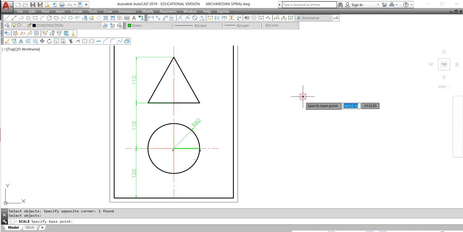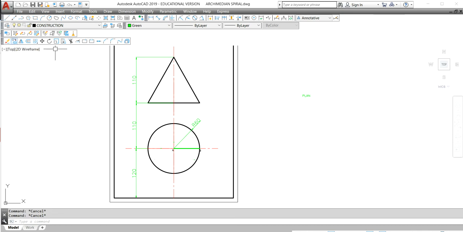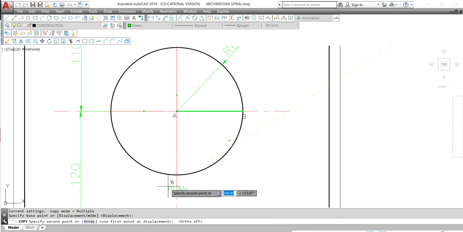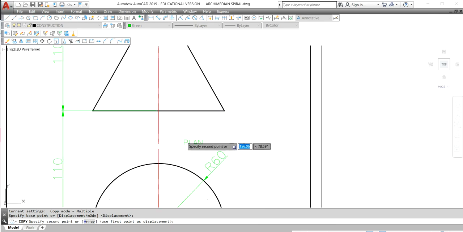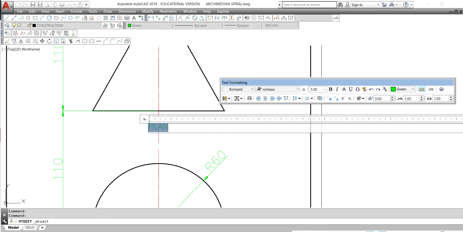Okay, we're gonna label the views. Also, this drawing is presented in first angle, and we can also draw the symbol for the first angle.